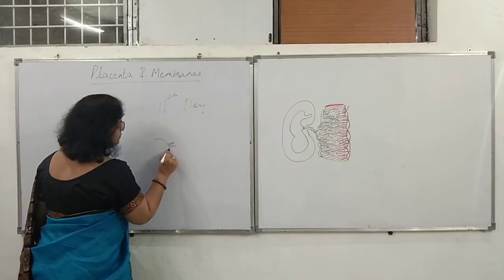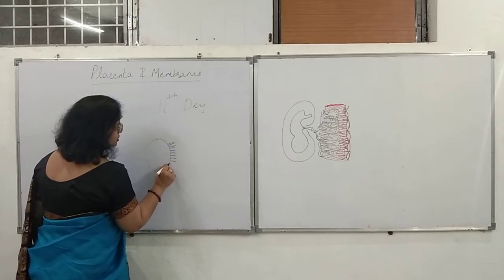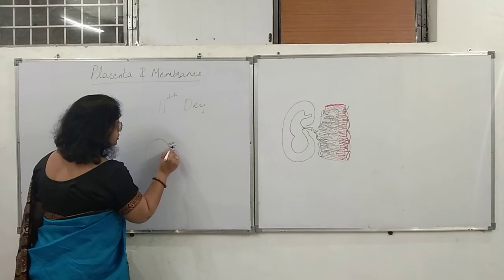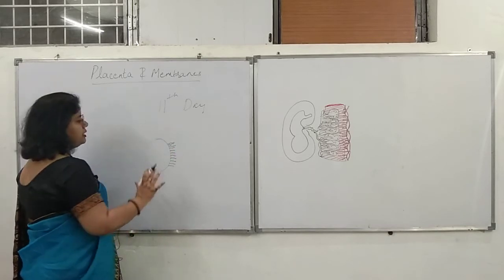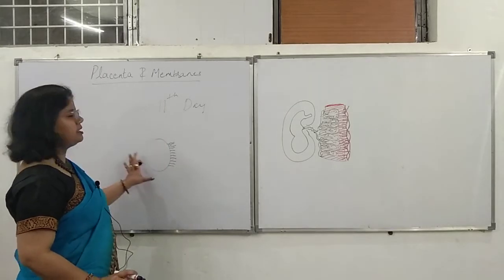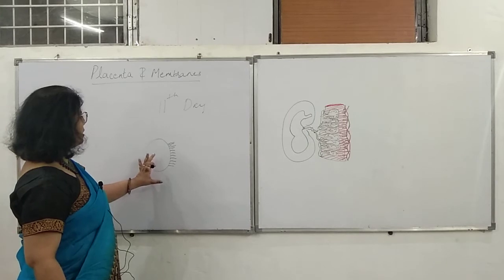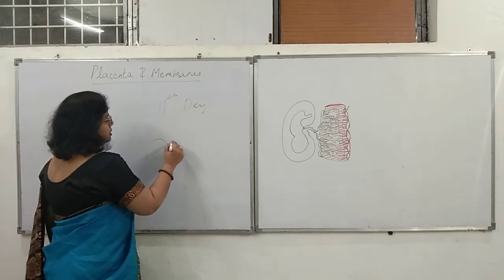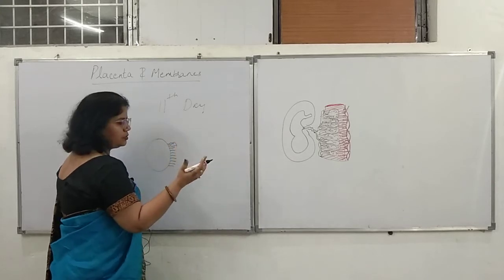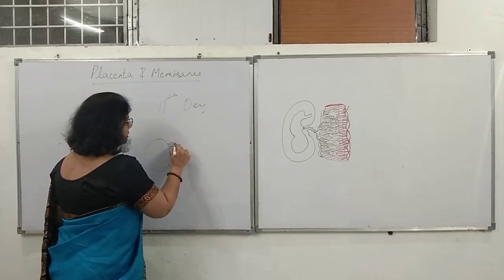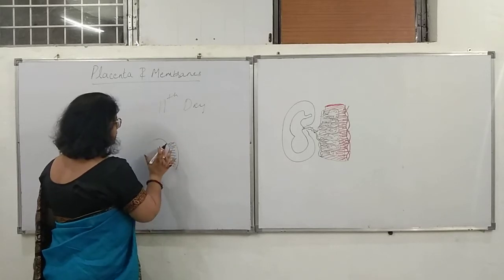It starts giving projections towards the decidua, and in between these projections there is a lacunar space present. Initially these projections start everywhere around the implantation, but at the place of future formation of the placenta, it is more aggravated as it is growing.